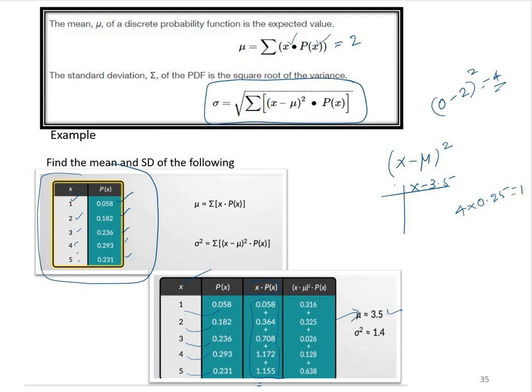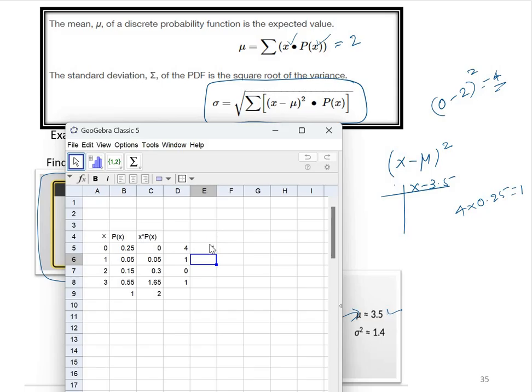That is the value. Okay, so you go back to the table again, and again we want to apply it for all these columns. So just move around here and then go to the right corner to get the cross and then drag that. Okay, so you will get x minus mu the whole square times p of x, and we need the sum of that. So we want to select that and click on the sum, so it is 1.6.